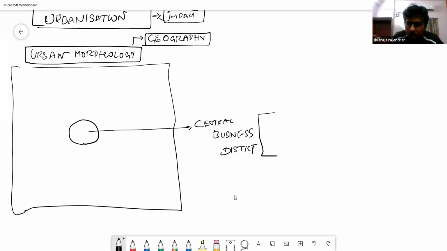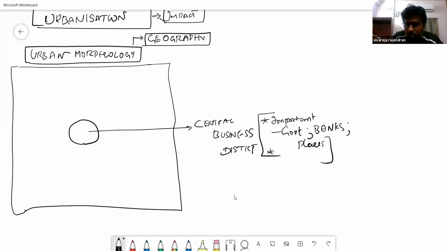If you see, all the important government buildings, important banks, and important places will be in this zone.